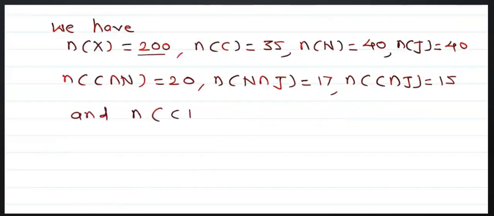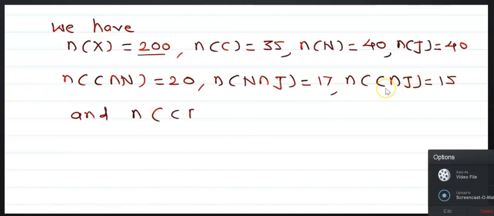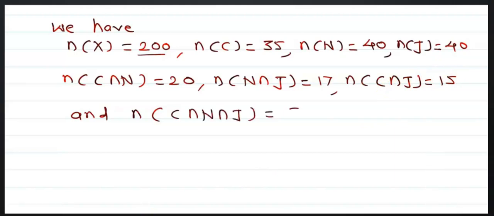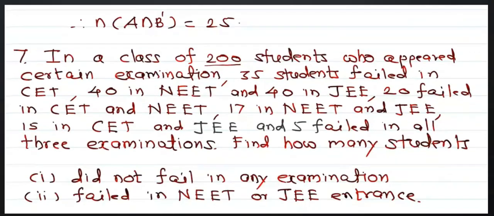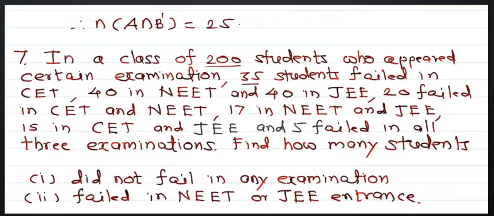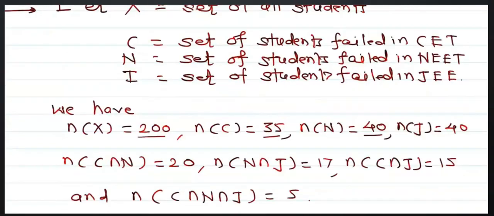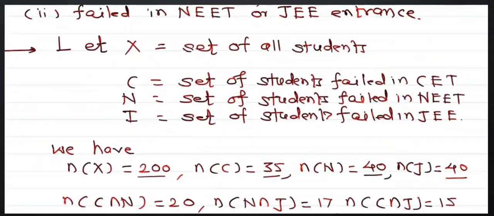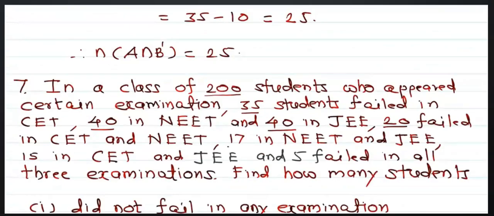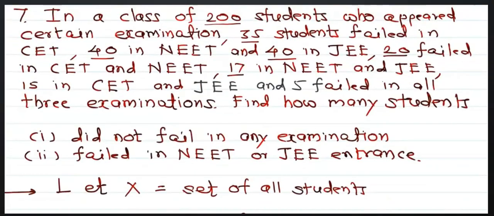Number of students who failed in CET and JEE, 15. Therefore, N of C intersection N intersection J, those students who failed in all these examinations, these are the 5 students. I am saying this because the screen is moving up and down.